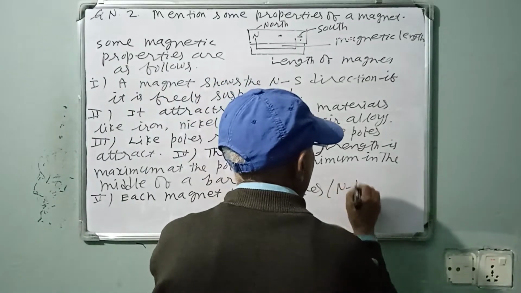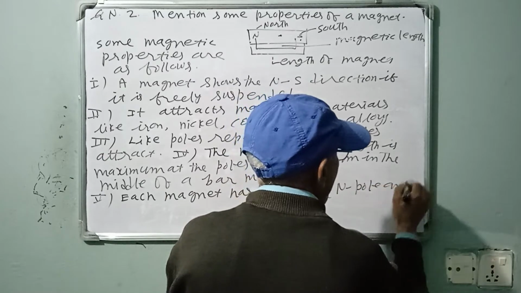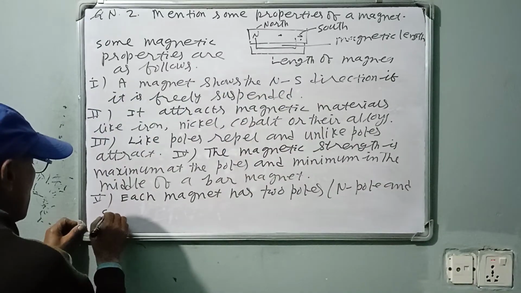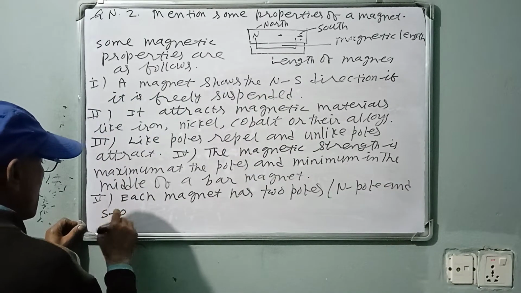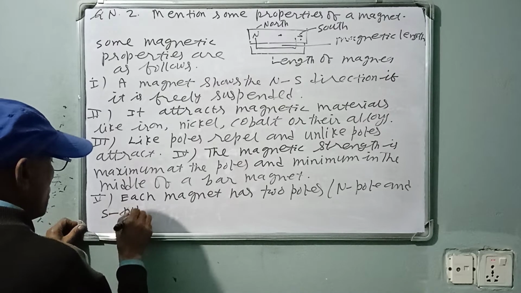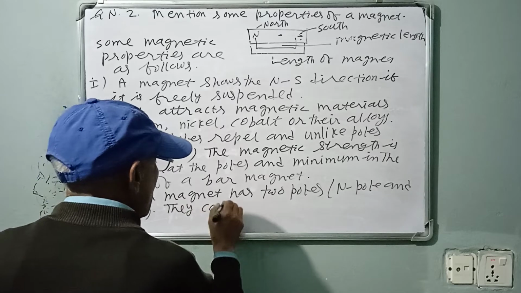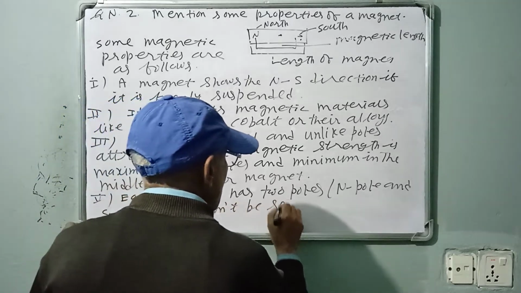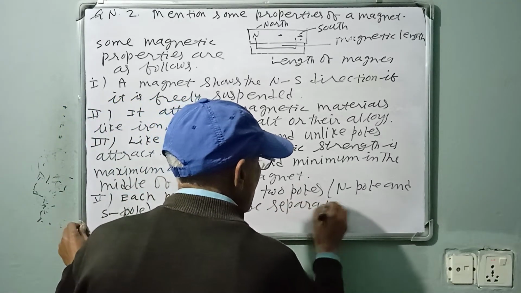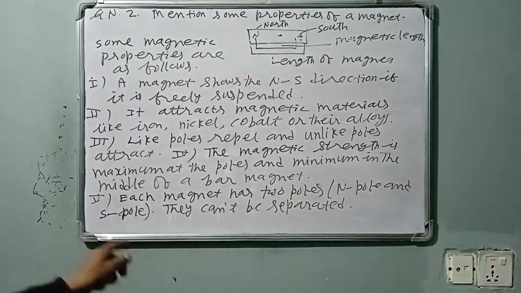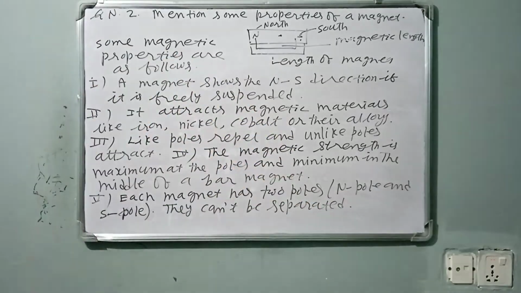That means North Pole and South Pole. That means they can't be separated. North Pole and South Pole cannot be separated.